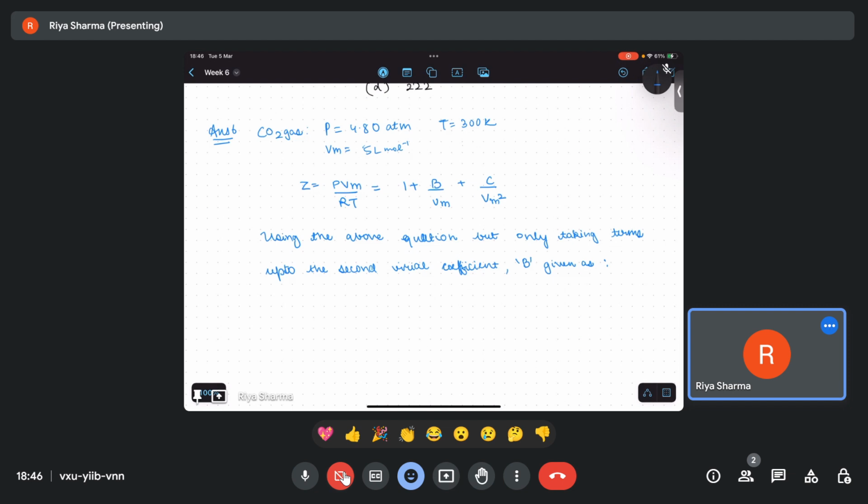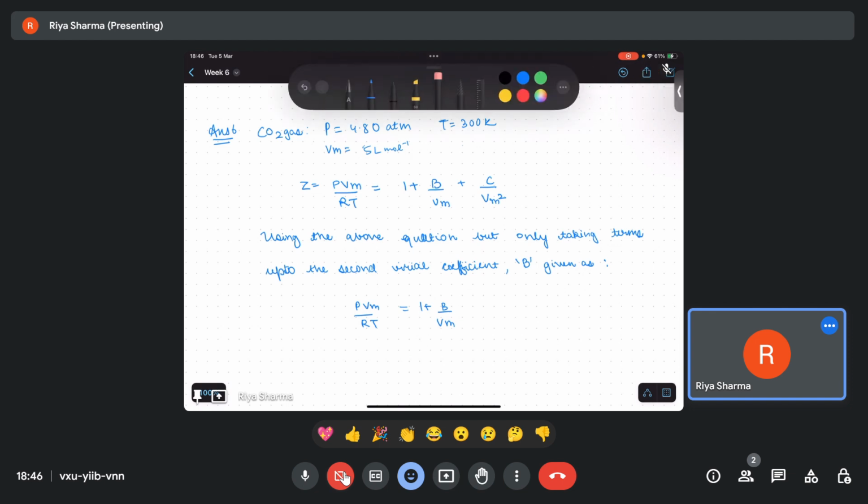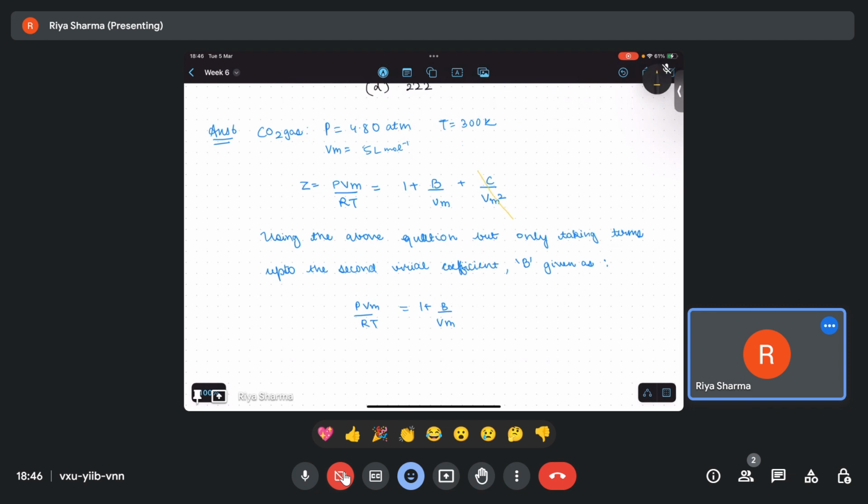It will become PVm by RT equals 1 plus B by Vm. So this term we don't have to take.